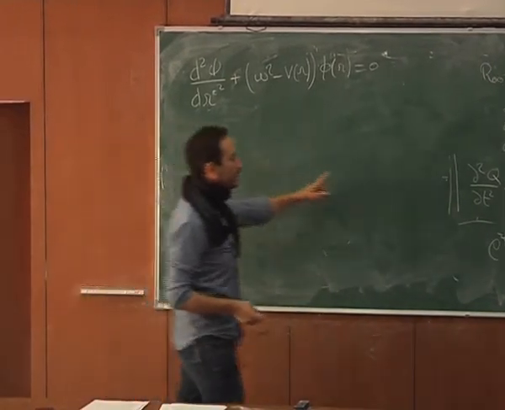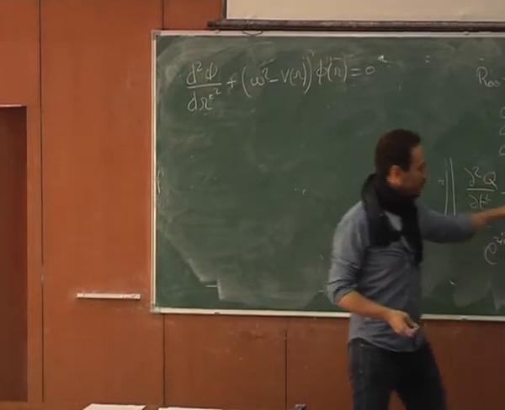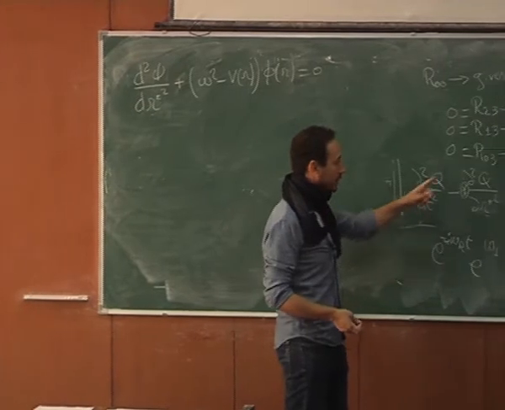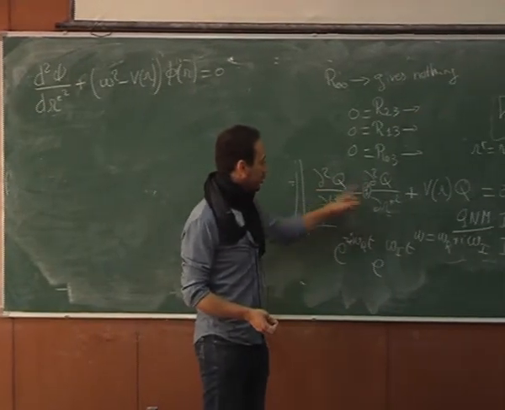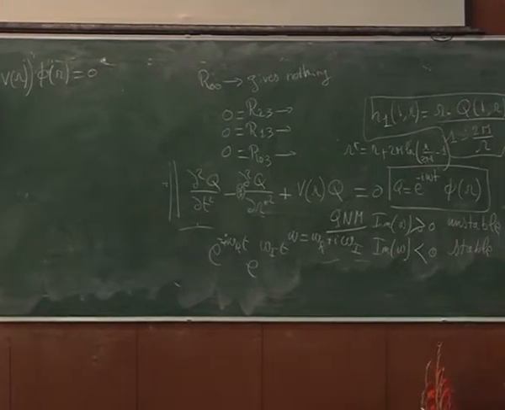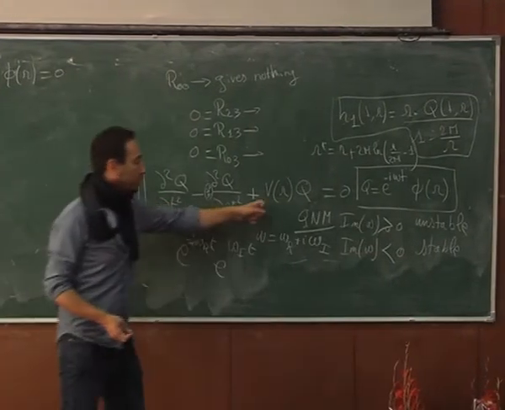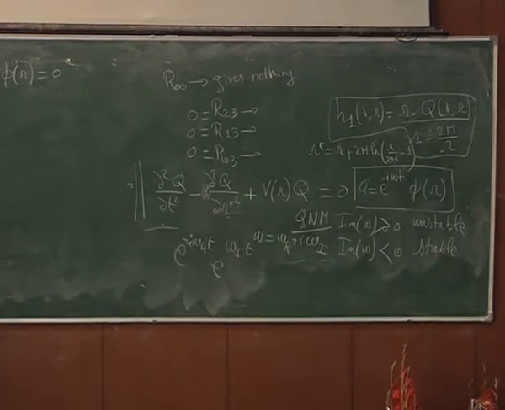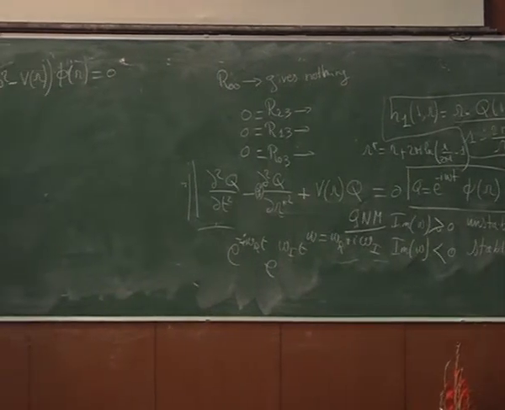The exponential will give me a minus omega squared times phi, and between them there will be a plus sign, and the potential here which comes. So then I reduce it to a Schrodinger type of equation.